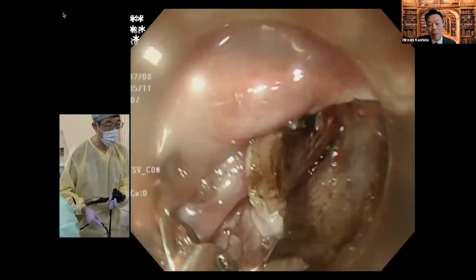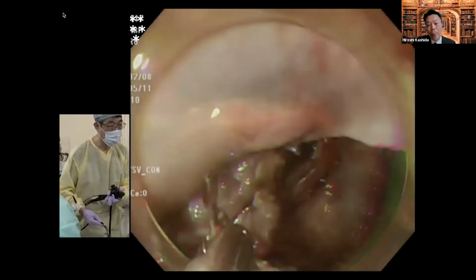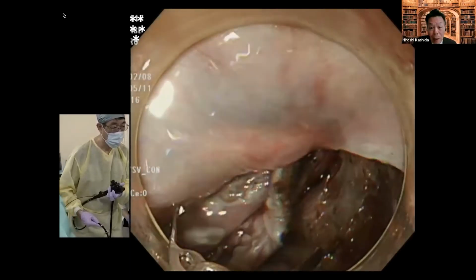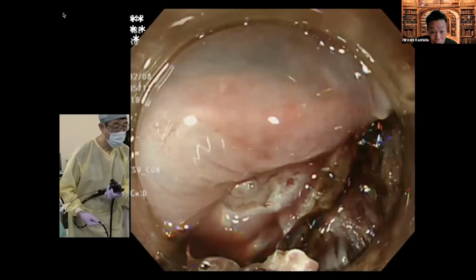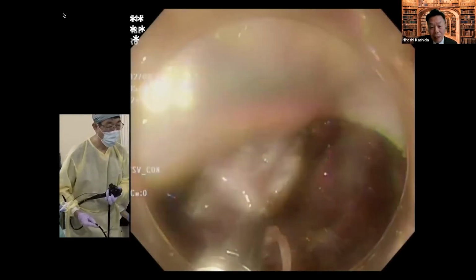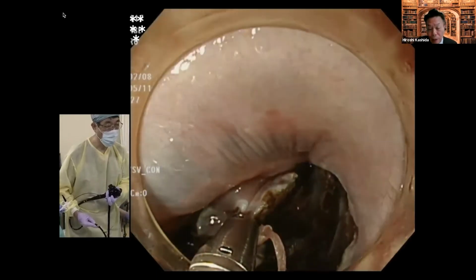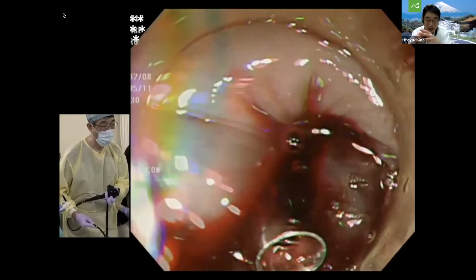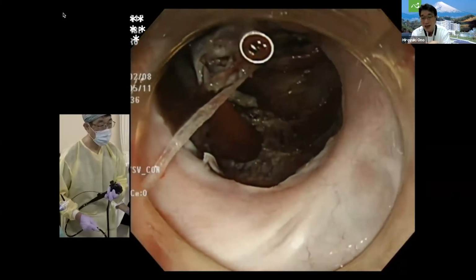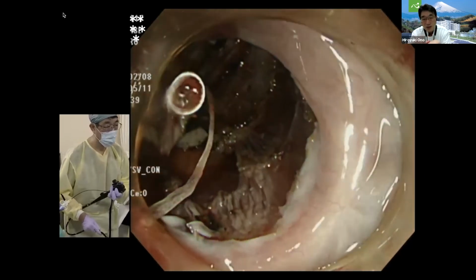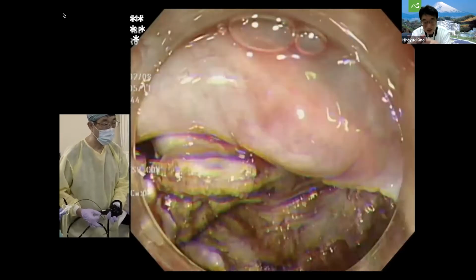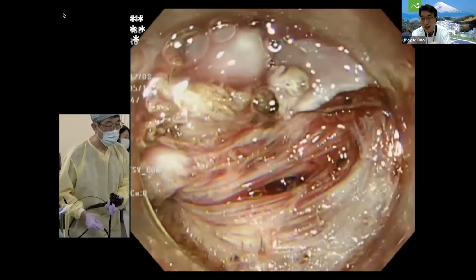So I decided to use it. Now I can see the clip and the thread. Did you use dental floss? Yes, dental floss is very easy for attaching the clips. So I think the traction method changes esophageal ESD.